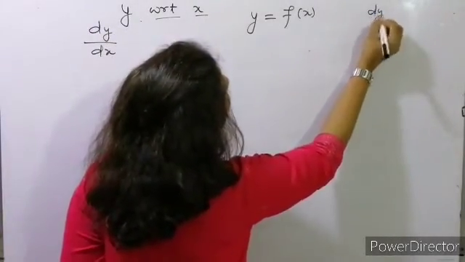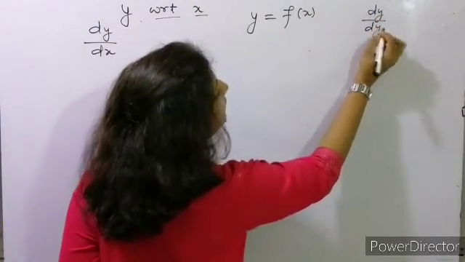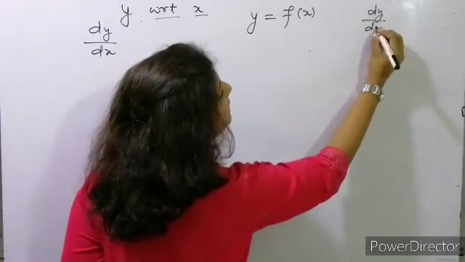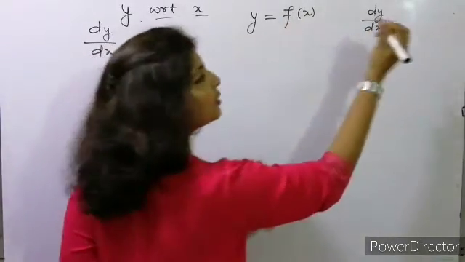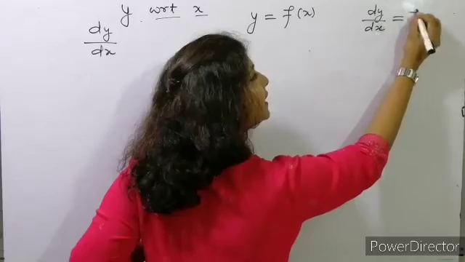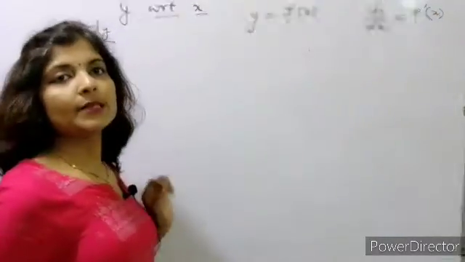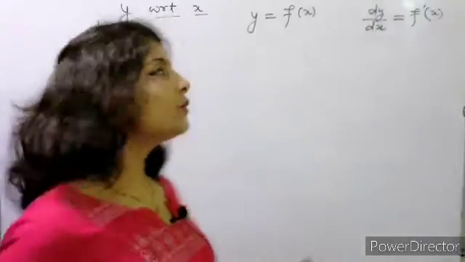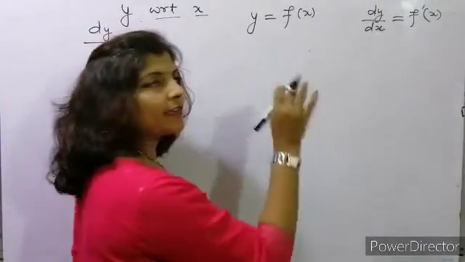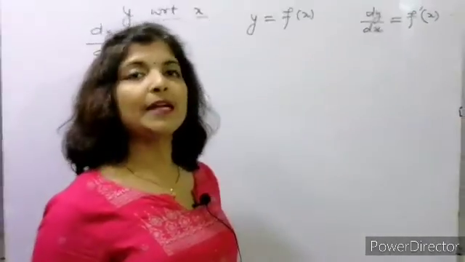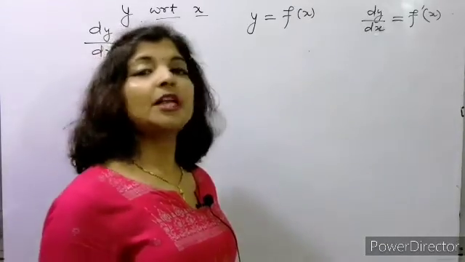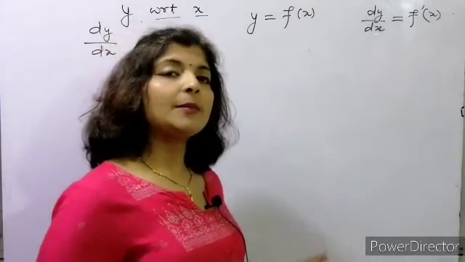So dy by dx, derivative of y with respect to x, will be denoted by f dash x. Since y is a function of x, we can write y is equal to f(x). मतलब x के term में it will be a function.